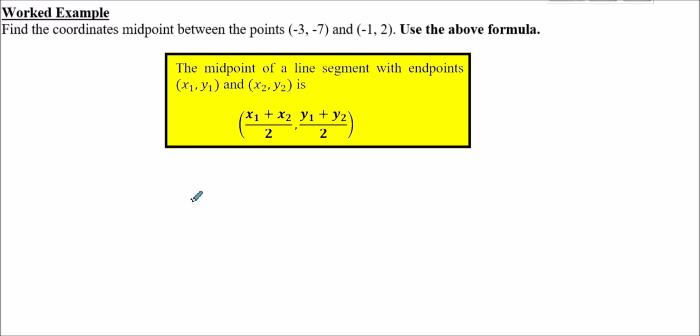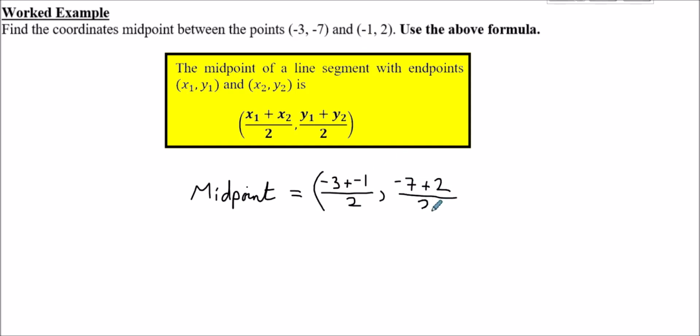So, midpoint is going to be x1 plus x2, so minus 3 plus minus 1, over 2. Then y1, which is minus 7, plus y2, which is 2, all over 2.